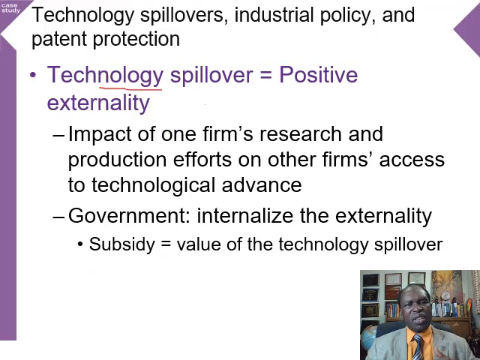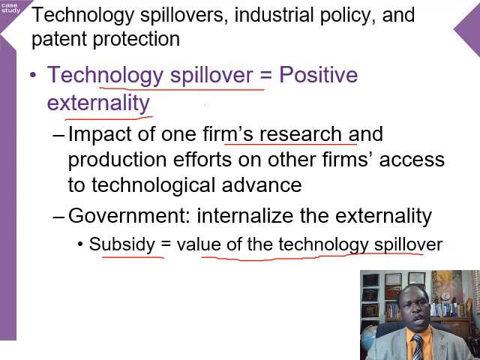In the case of technology spillover, which is a positive externality, the government can impact the firm's research by providing a subsidy, which will encourage businesses to do technological innovation, which will benefit everybody in the society.